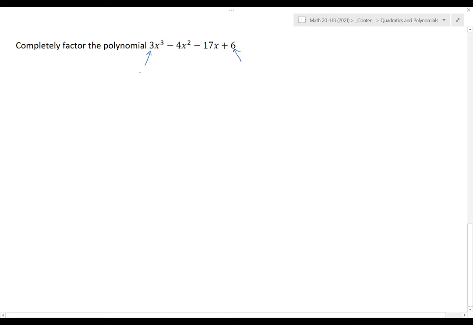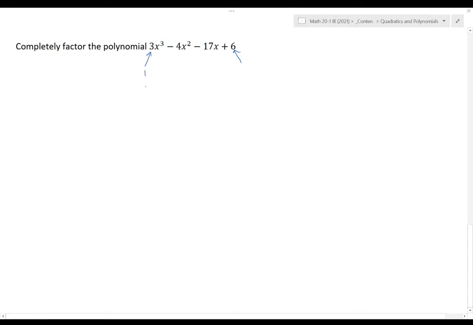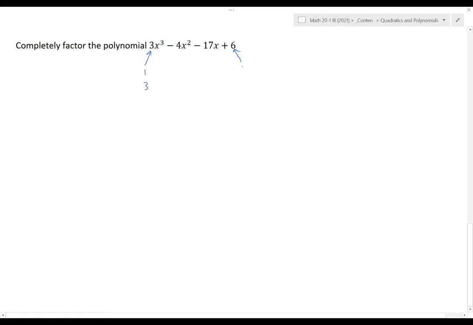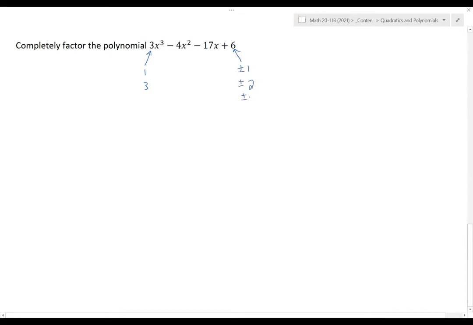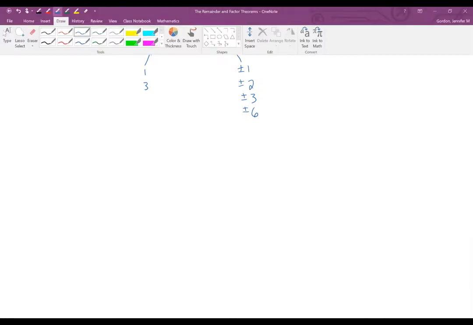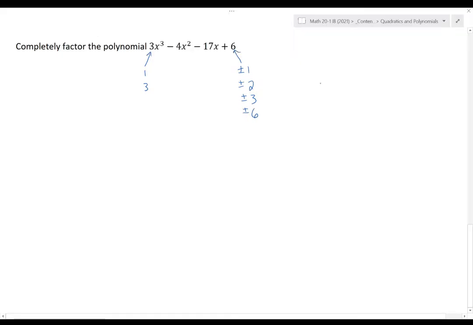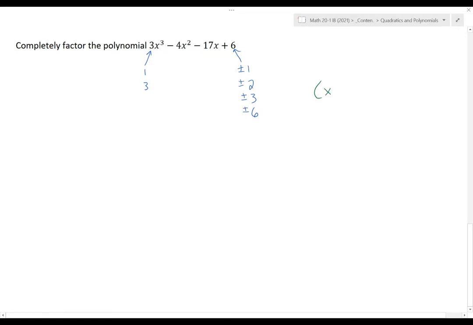So the factors of 3 are 1 or 3. And the factors of 6 would then be plus or minus 1, plus or minus 2, plus or minus 3, plus or minus 6.